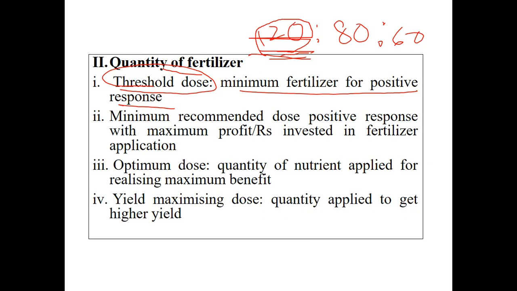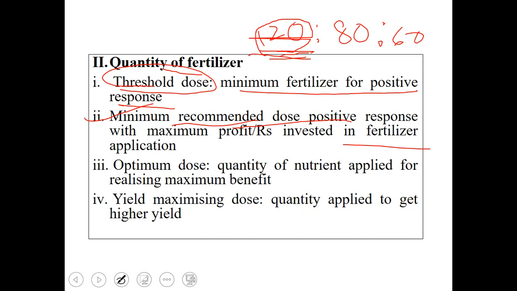In all the recommendations, whatever the recommendations are given, those are the minimum dose only, threshold dose only, which will give positive response. Alright. So second one is minimum recommended dose, positive response with maximum profit per rupees invested in fertilizer application.